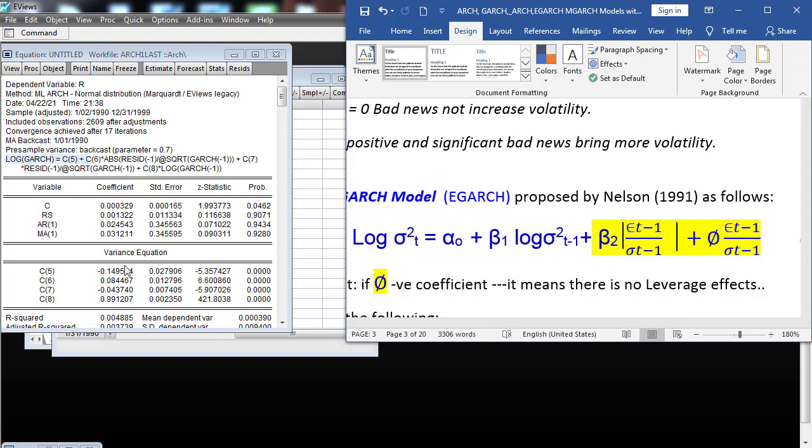As you can see it here, C5, this part here, which is alpha, constant. C8, the GARCH term, lag 1 square. Where is it? This is the log GARCH term. This one here, the GARCH term. C6, as you can see it here, is for the absolute. So this is the value of beta 2.